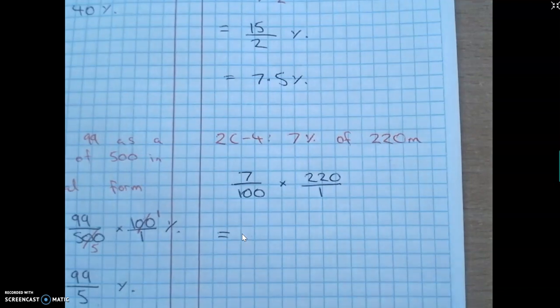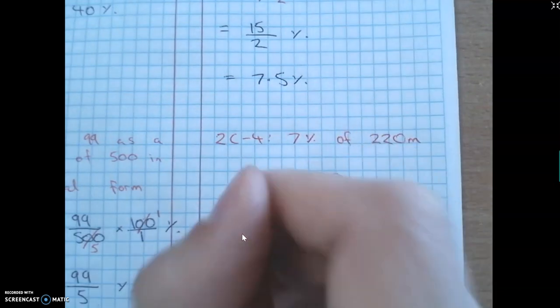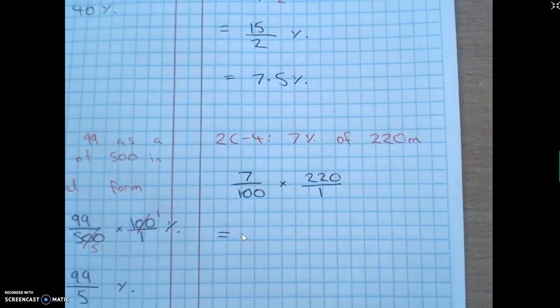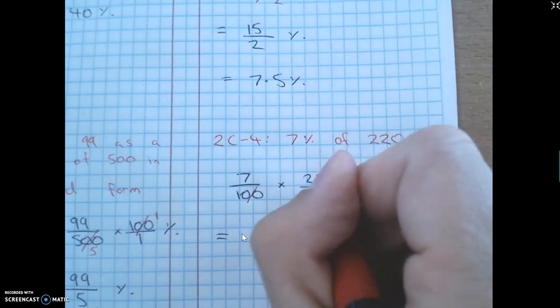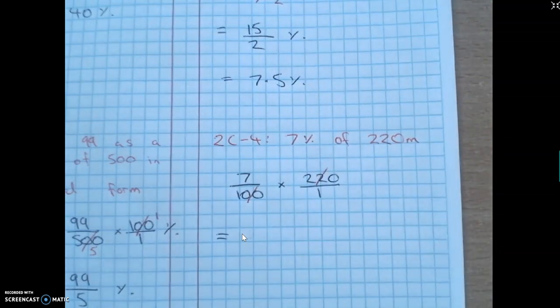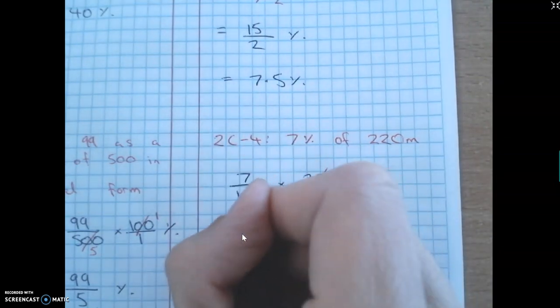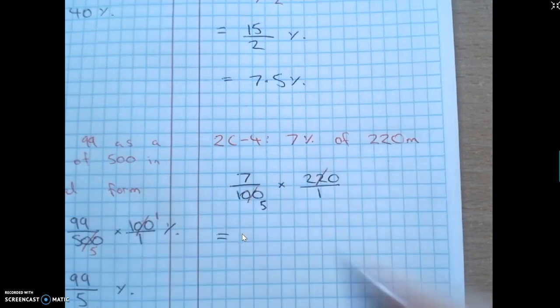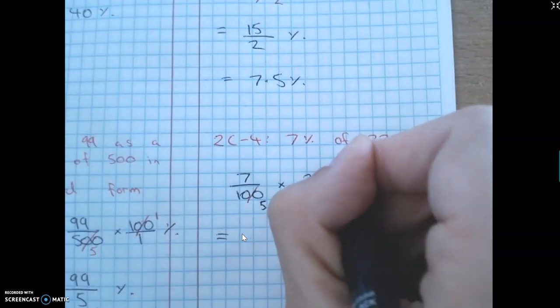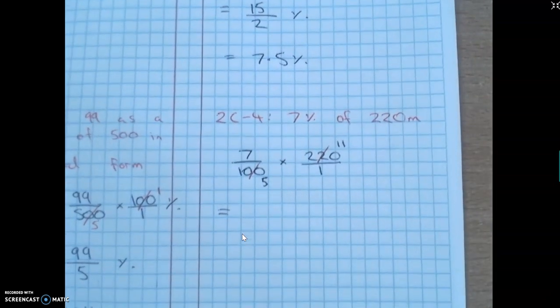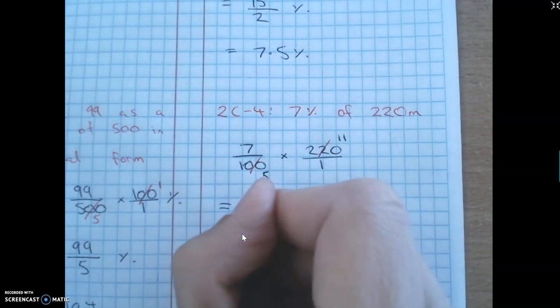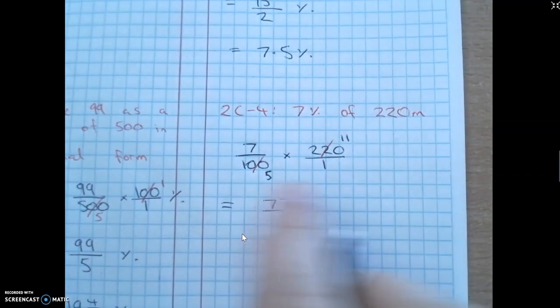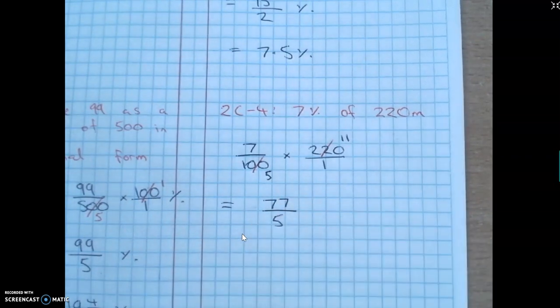So I can divide 100 by 20, and I can divide 220 by 20. So 100 divided by 20 is 5, and 220 divided by 20 is 11. So on the top we have 7 times 11, which is 77, over 5 times 1 is 5.